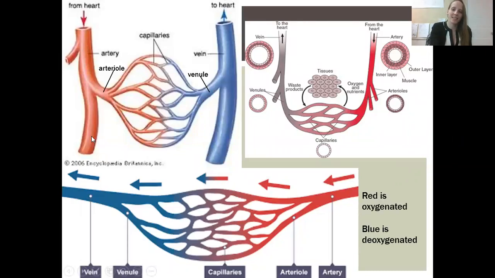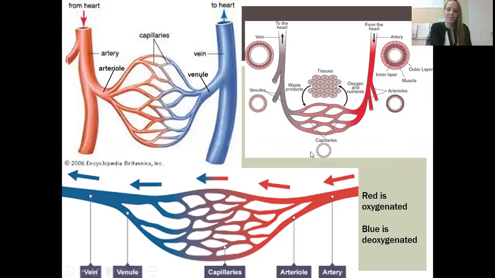In this diagram here, the red blood vessels are oxygenated, the blue are deoxygenated, and the capillaries are right in the middle there where the oxygen is leaving the blood, and the blood is becoming deoxygenated as it goes through the capillaries.